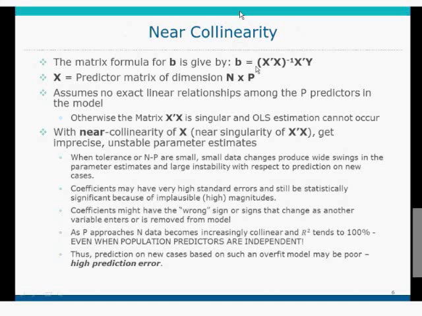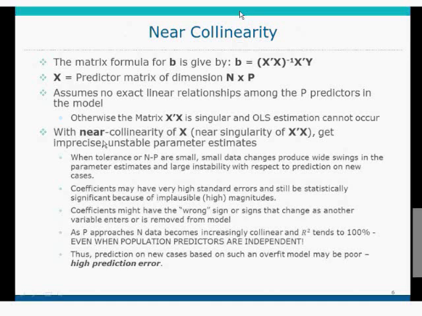X has dimension n by p, number of cases by number of predictors. And we make the least squares assumption that there are no exact linear relationships among the p predictors in the model. Otherwise, X prime X is singular, and we cannot do least squares estimation because we cannot invert X prime X. So that's the case of perfect singularity, perfect collinearity.